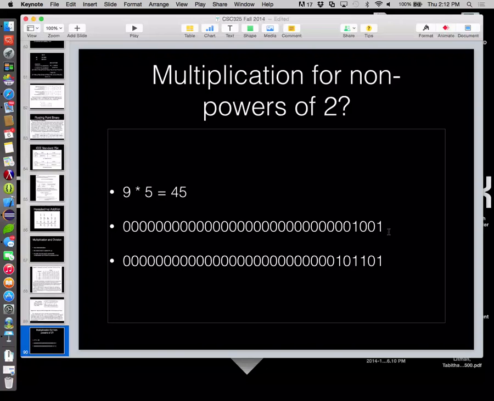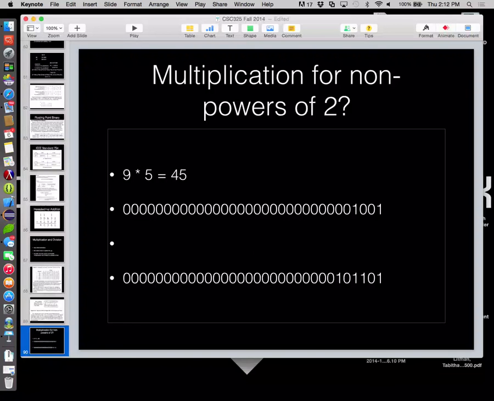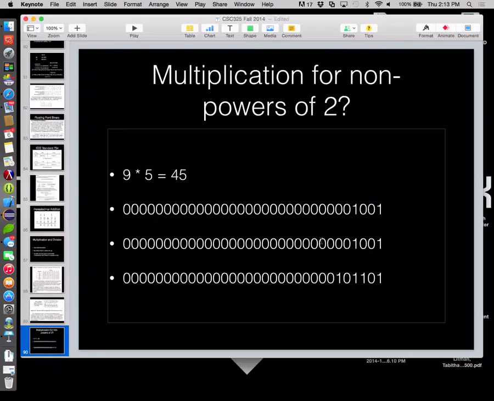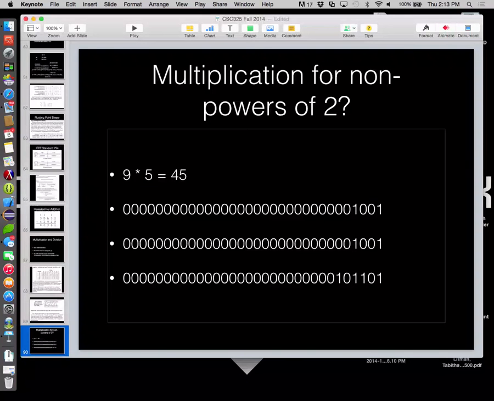So if we take this 32-bit number and we left shift it 4 times, we need to left shift it once first. So we left shift it once, what do we get? We get that number, take away that 0, add a 0 onto the end, right?